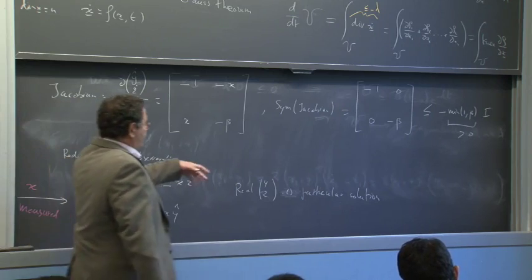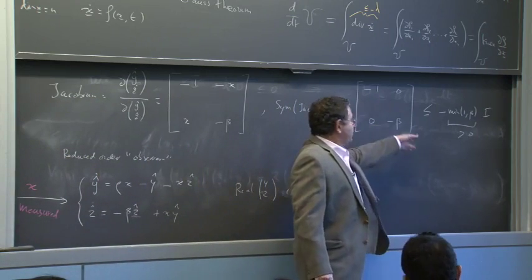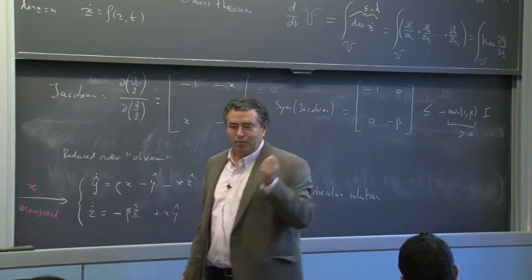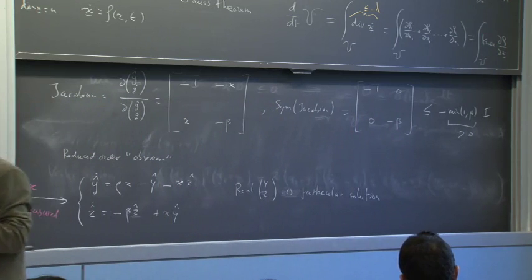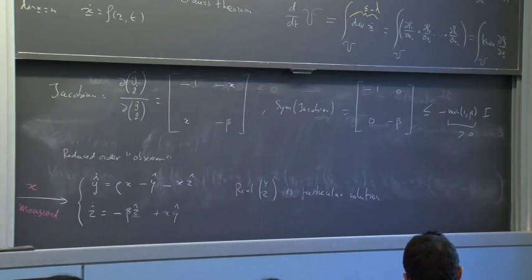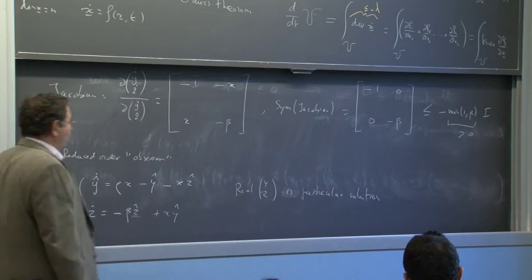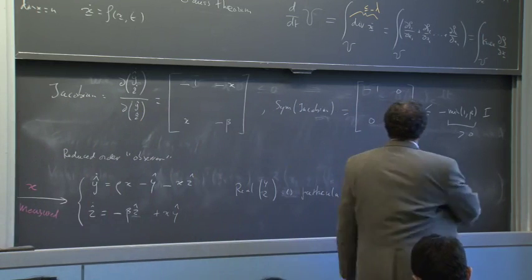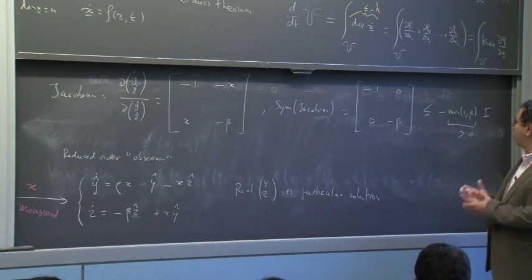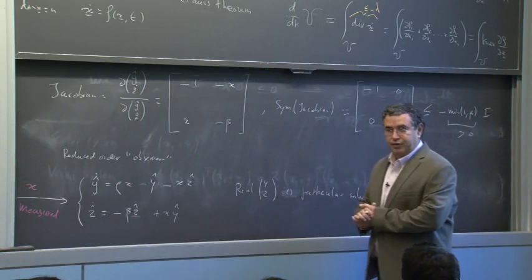Right, it's a diagonal matrix, right? So its eigenvalues are minus 1 and minus beta, right? So it's less than whichever of these two is smallest in absolute value times identity.